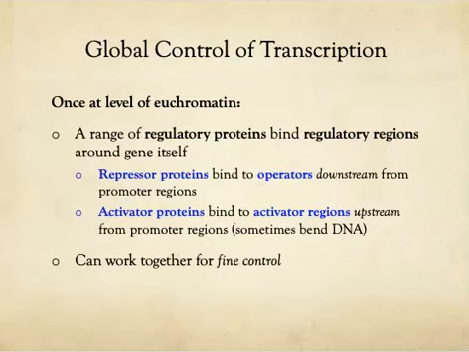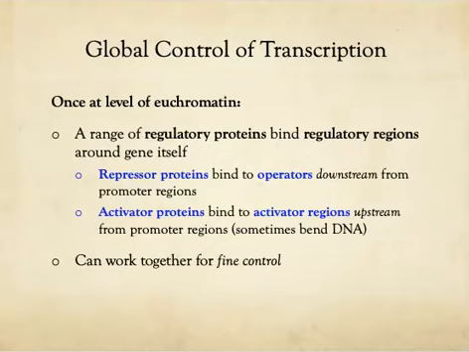Now, the promoter, remember, is part of the regulatory region of a gene. It turns out that operator regions are located downstream from the promoter. That's important because that's going to help explain how repressor proteins function.